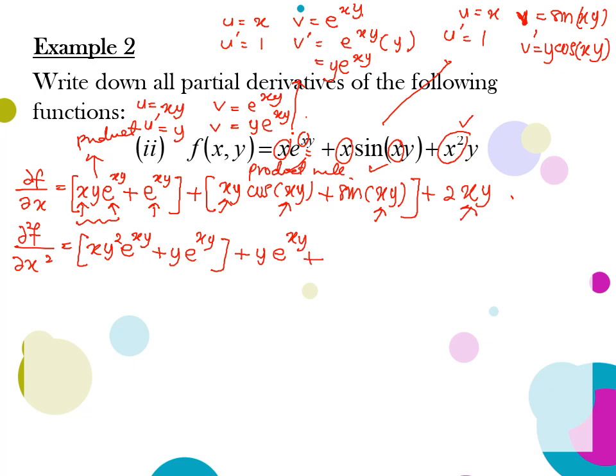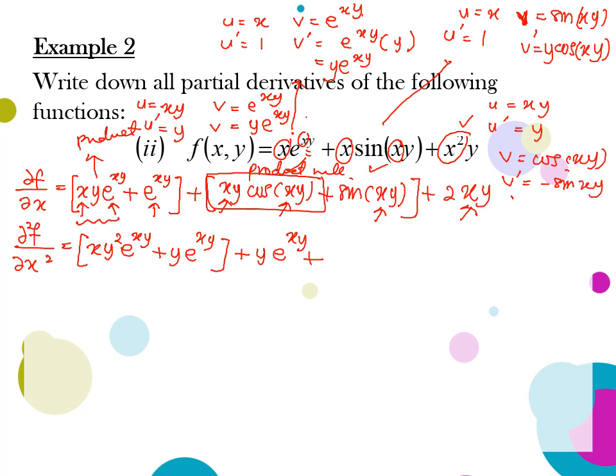Then plus, you go for this one. This also needs the product rule. So treat u as xy. Differentiate this, you will get y. V is cos xy, so v prime is negative sine xy.